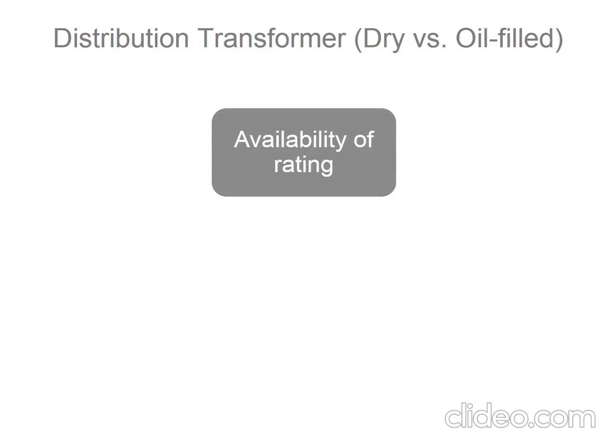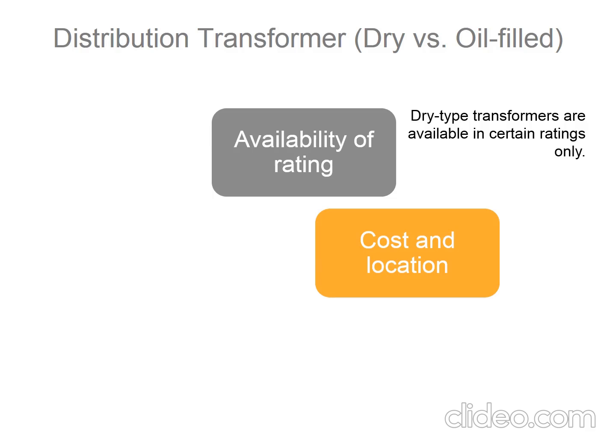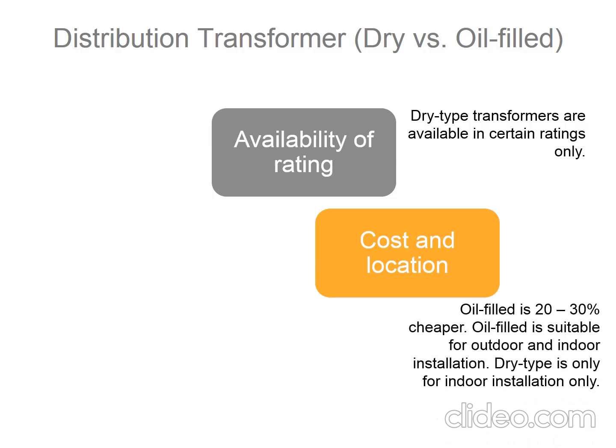Dry versus oil: the first is availability of ratings. Dry type transformers are available in certain ratings only. Then cost and location. Oil filled is 20 to 30% cheaper compared to dry.